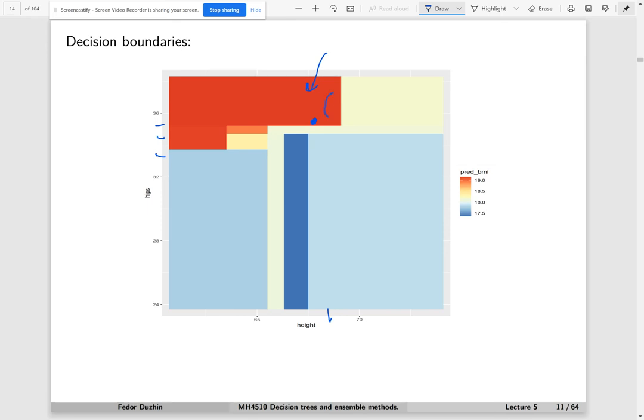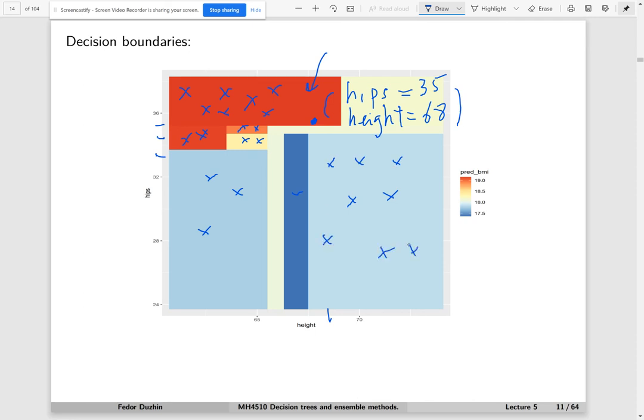But let's say this is our observation, right? So hips is 35 and height is 68. This is the new observation. At the same time, there are some training observations that are scattered here, 160 of them.